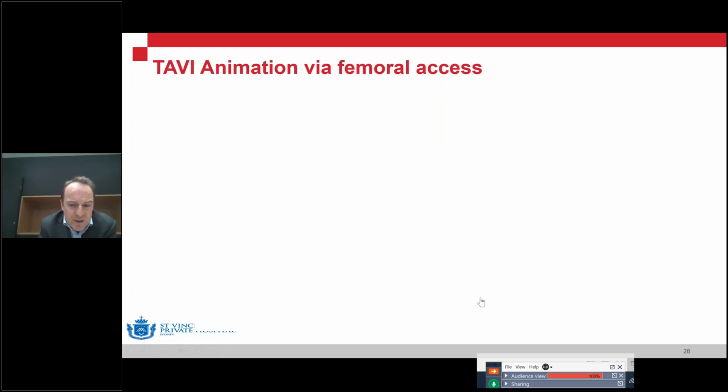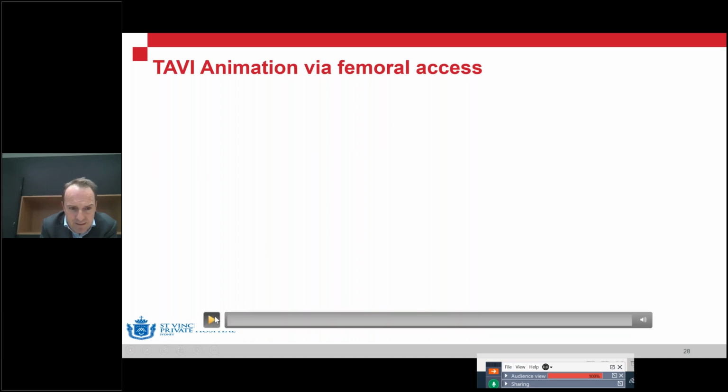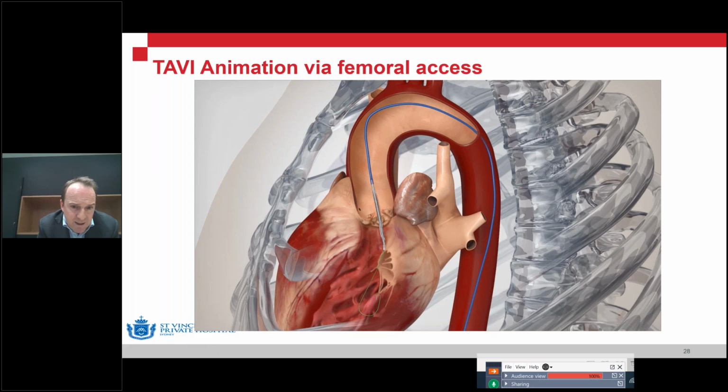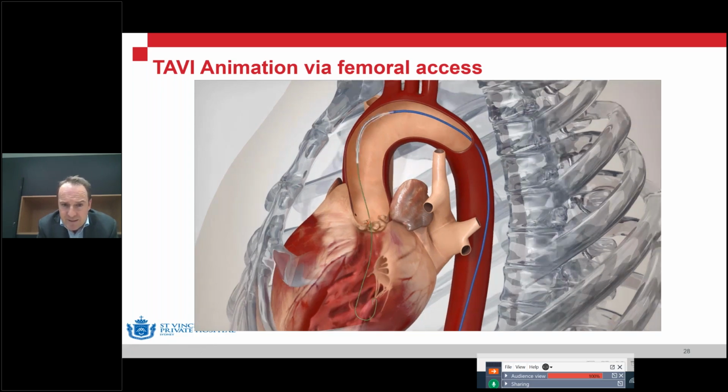So I've mentioned TAVI a few times, and this is really what we're talking about. It's a procedure where we put a tube up from the femoral artery. The patient can either be under general anaesthetic or under local anaesthetic.